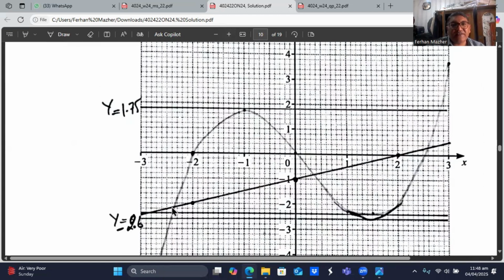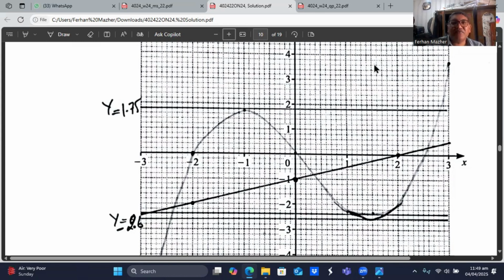So this point of intersection is approximately minus 2.35, I think. This is 0.35, and this is 2.6, I think. 1, 2, 3, 4, 5, 6, yes, 2.6.